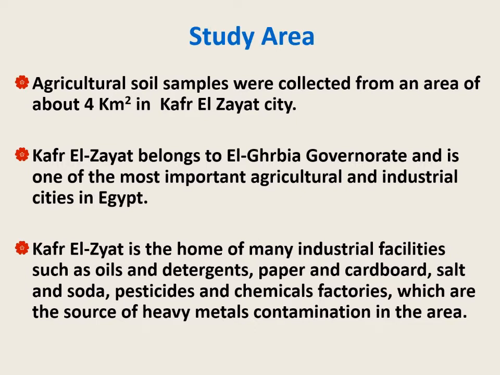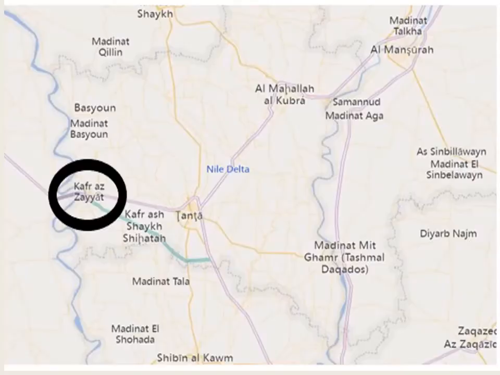Kafr Zayat belongs to El Gharbia Governorate and is one of the most important agricultural and industrial cities in Egypt. Kafr Zayat is the home of many industrial facilities such as oil, paper, pesticides and chemical factories, which are the source of heavy metals contamination in the area.